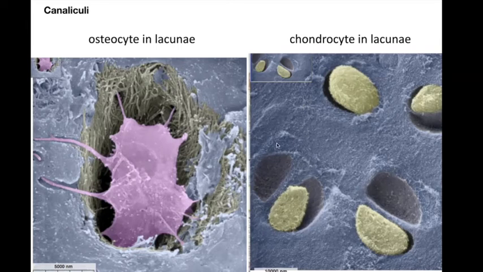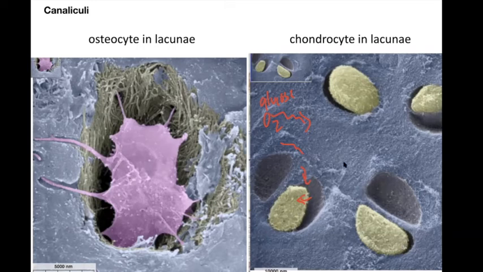Because this is a watery matrix, you can have oxygen and glucose diffusing through this until it gets to these lacunae, and then these cells can take it up right here. The lacuna is a slightly more liquid space that the cells are sitting in.